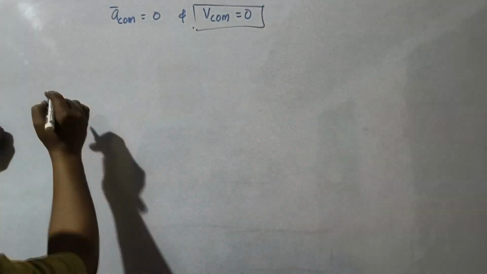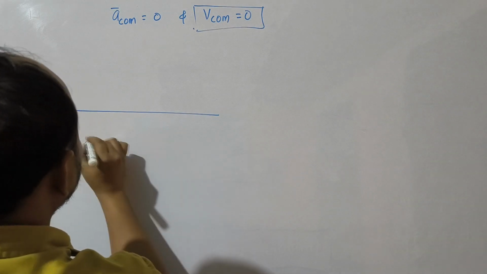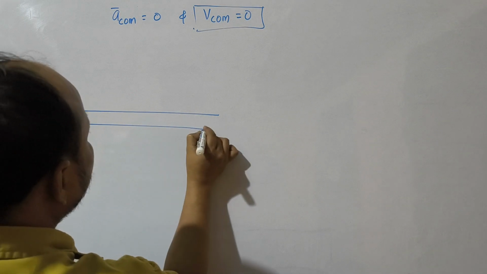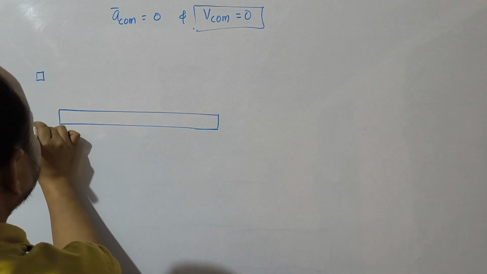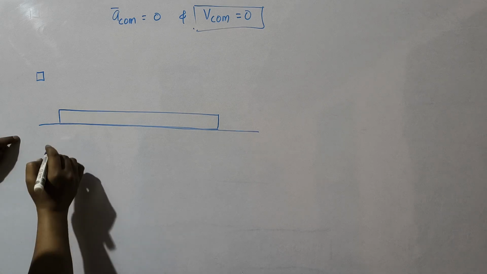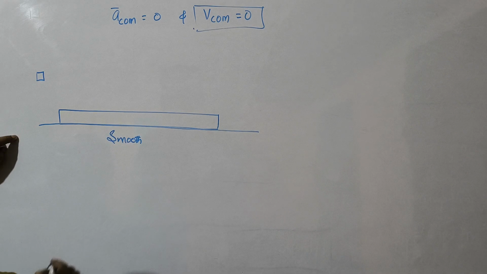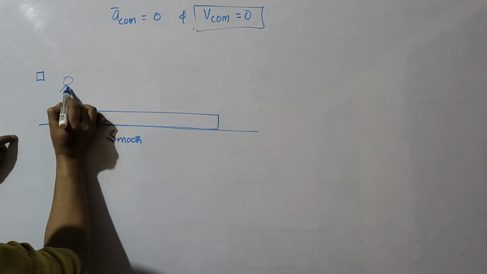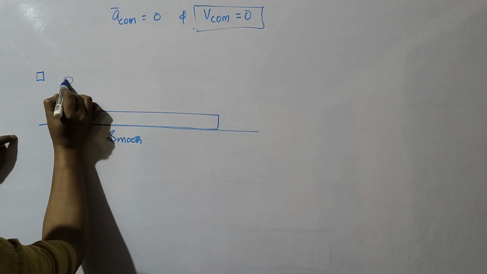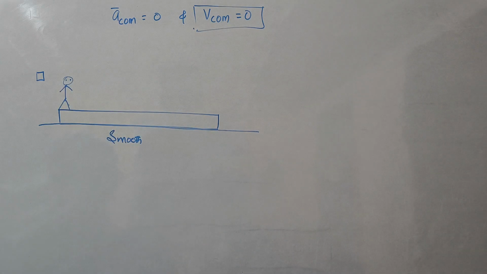For example, let's take a very basic question. Let's say there is a platform or a plank placed on a ground surface. This is a smooth surface, and a person at one end is moving towards this direction.